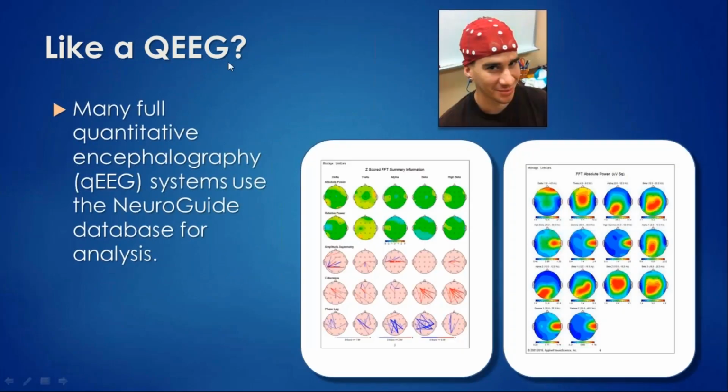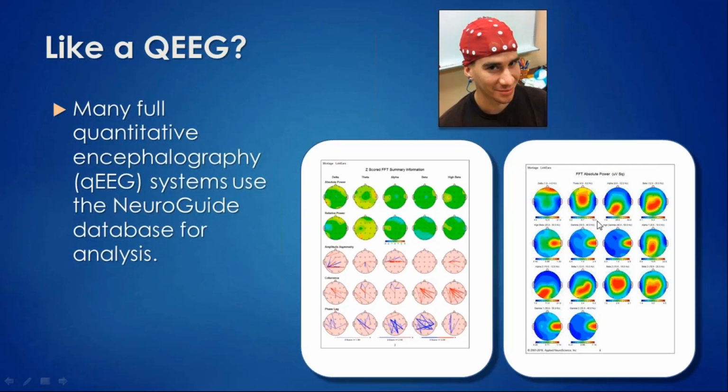People often think of this Z-Score suite like QEEG. Actually, most full quantitative encephalographies, or QEEG, use NeuroGuide, the same database system that we use for analysis. So, in fact, it is the same thing, but we are just not doing it at many different sites. The pictures I'm showing are, well, my beautiful face with a full cap on my head as I'm getting evaluated.